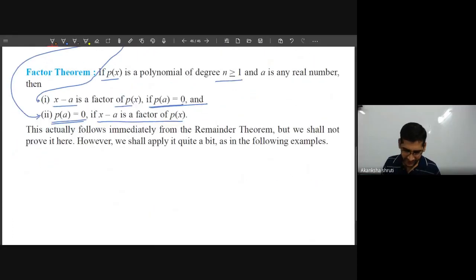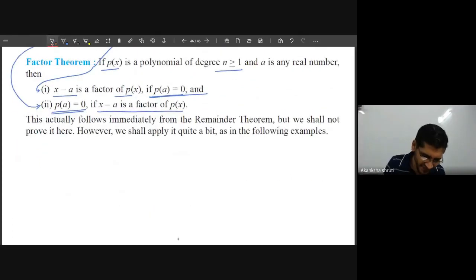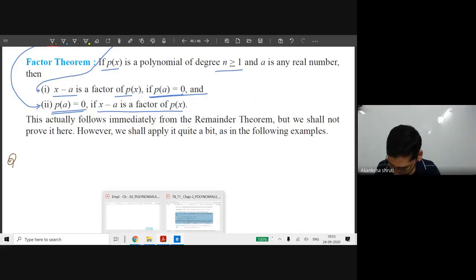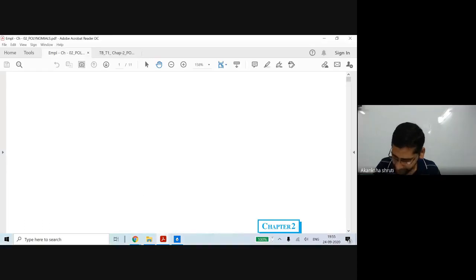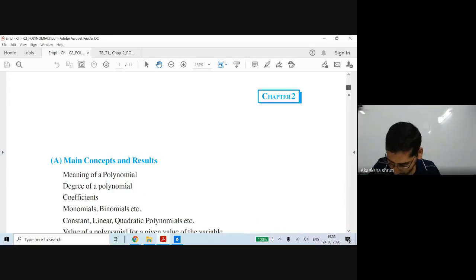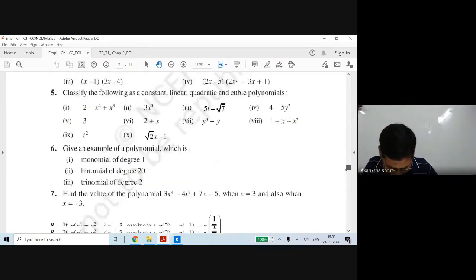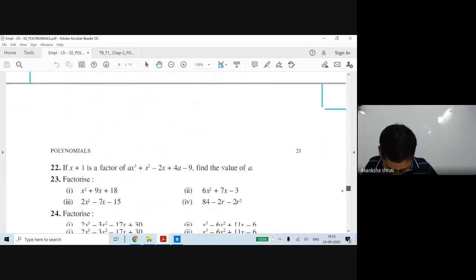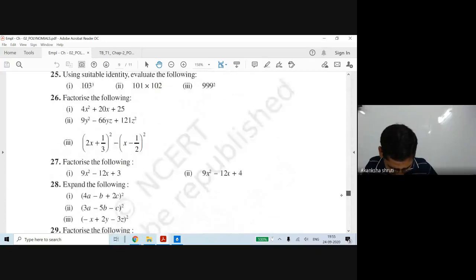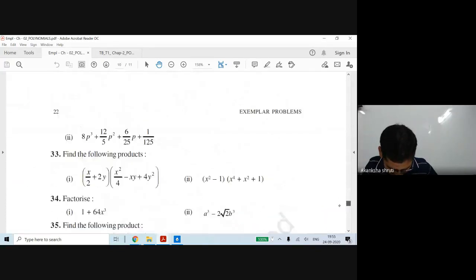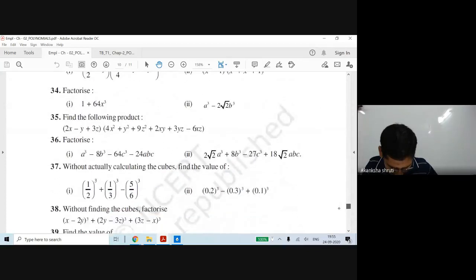For that, let me take one question. Let me take it from your textbook itself or from our exemplar book itself. There are so many questions. Last day we were doing this factorization, all these things we have already done.